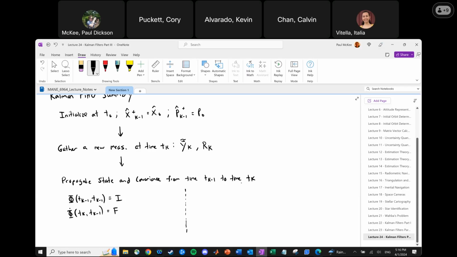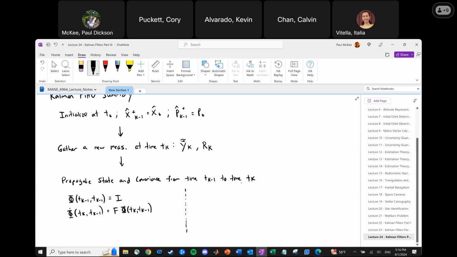We're assuming a linear dynamic system where F is the relationship between the state and the derivative of the state, multiplied by phi from tk minus 1 to tk. Okay. And so these two bits of information can be used to build the state transition matrix, which is ultimately a function of your dynamics. So it's going to be different for different dynamic systems. And we've talked a little bit about how to do this back in our unit on estimation theory.